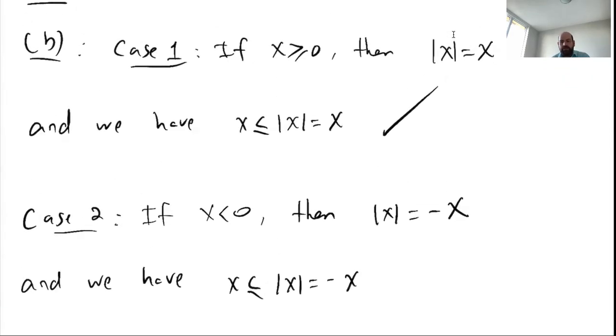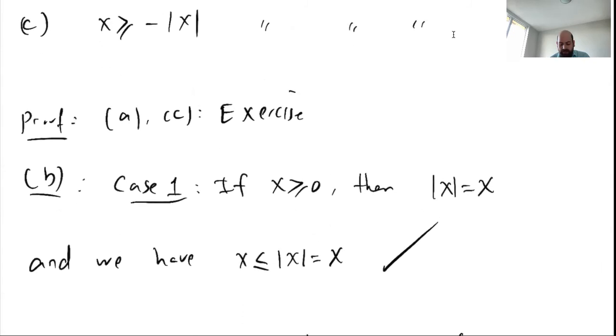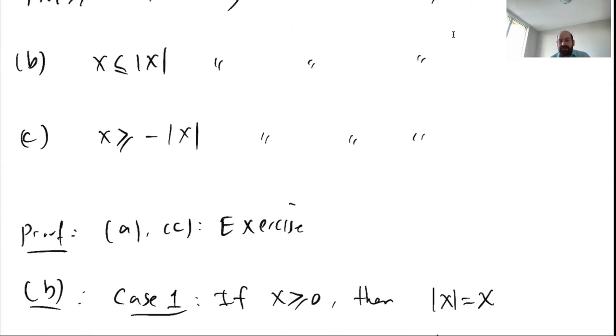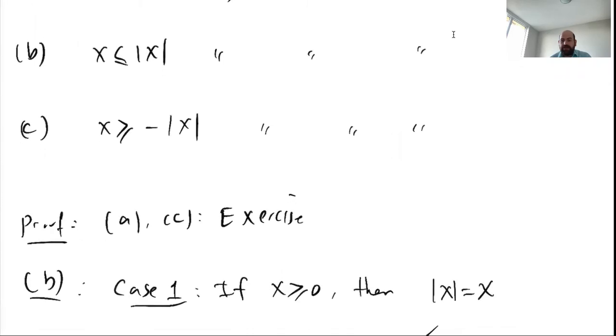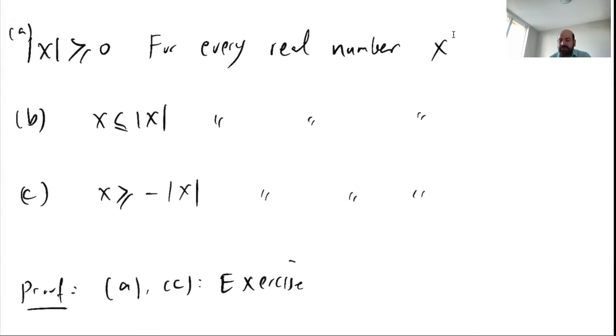So see, case one was obvious, right? Remember my final ultimate goal is to prove part B, x less than or equal to absolute value x. Now, if x is positive, so that's one possibility, the right-hand side of this inequality will become x itself. So x is less than or equal to x itself because any number is less than or equal to itself. So that's a trivial or obvious inequality.